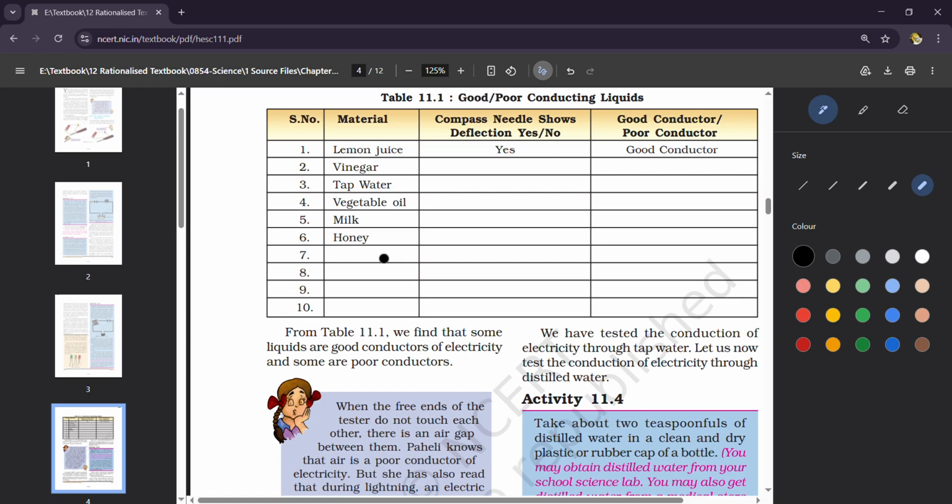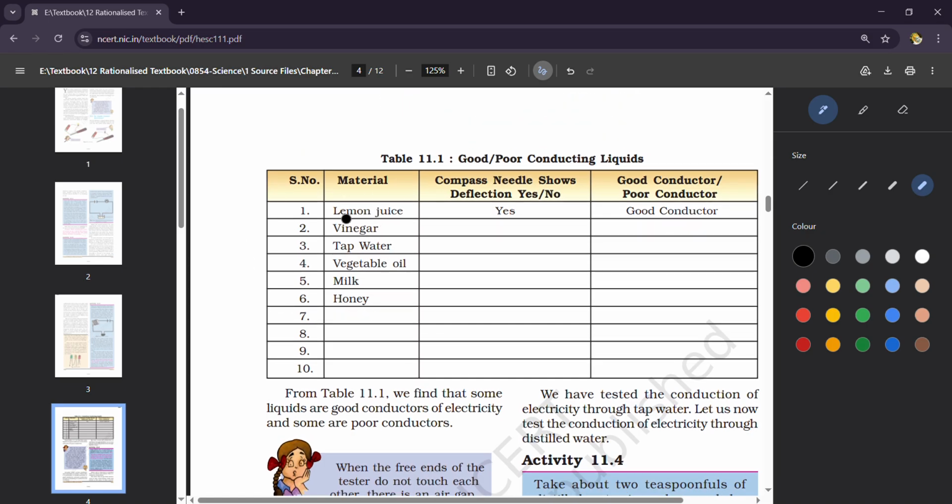Now here we have given, does the compass show deflection? In lemon juice, yes. Vinegar, yes. Tap water, yes, as it has minerals and impurities.